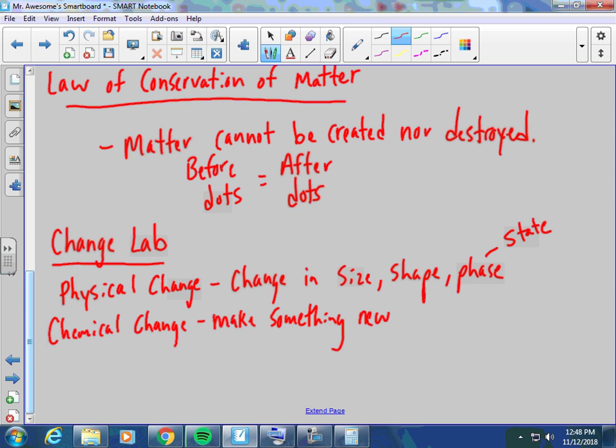But even in the case of a chemical change, all we're doing is rearranging the parts we started with. Okay, rearrange the parts we started with.